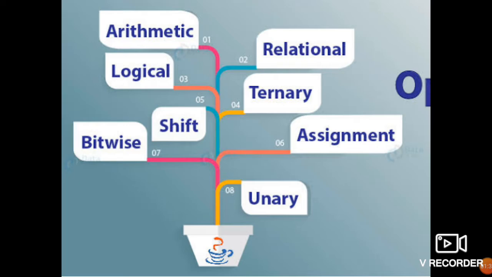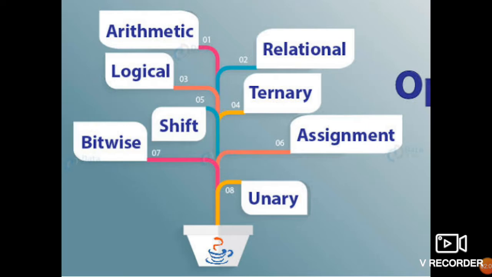This should be done and that should be done. So various logical operators are there. Next is the relational operator. Relational operator means where we have to deal with the relation between numbers. Similarly, ternary operators, bitwise operator, bitwise shift operator, assignment operator, unary operator, etc.